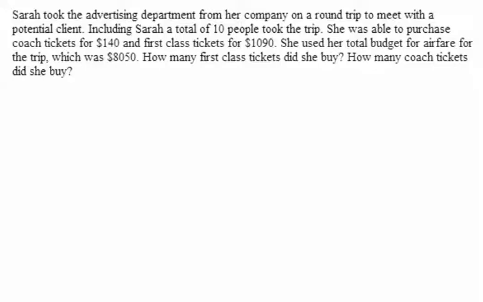Sarah took the entire advertising department from her company on a round trip to meet with a potential client. Including Sarah, a total of 10 people took the trip. That's important. 10 people took the trip. She was able to purchase coach tickets for $140. That's important.